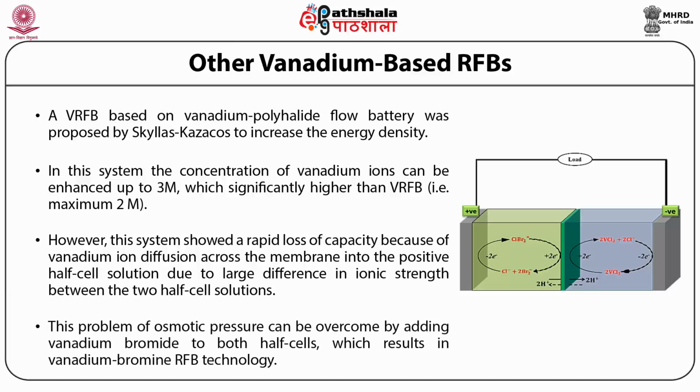This problem of osmotic pressure can be overcome by adding vanadium bromide to both half cells, which results in the vanadium bromine RFB technology, as shown in the figure below.